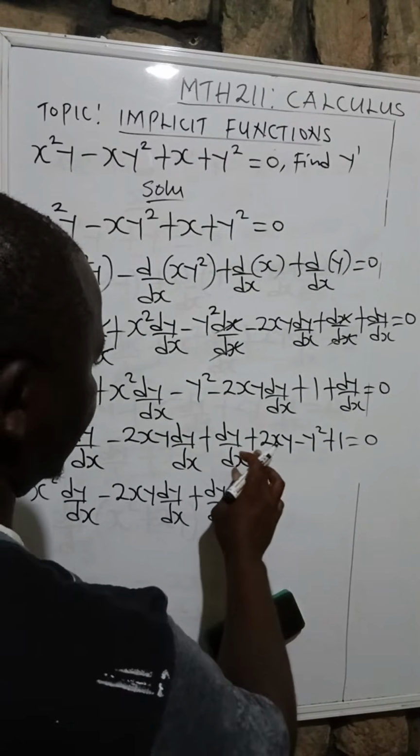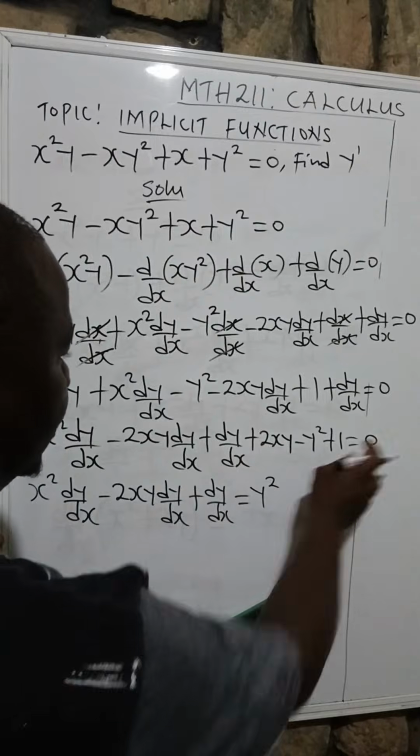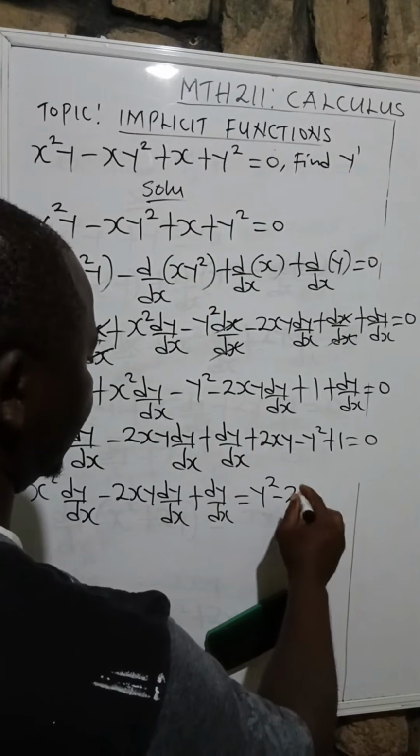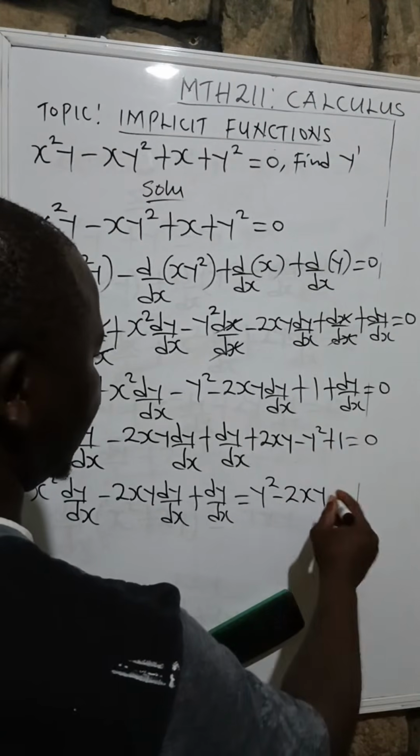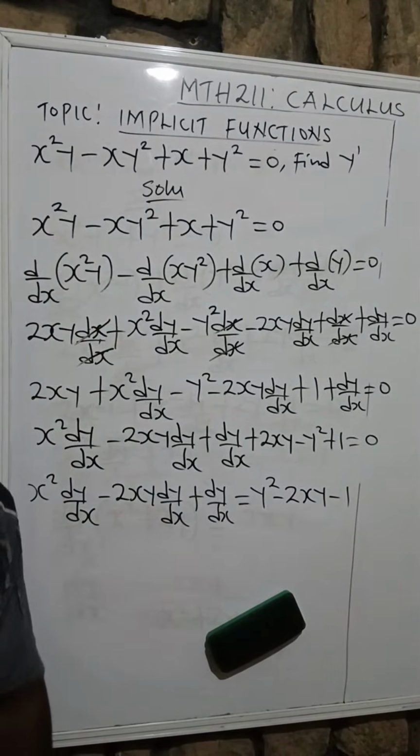So here will be plus 2xy crossing the sign of equality becomes minus 2xy, then my plus 1 crosses to minus 1. Do you agree with me?